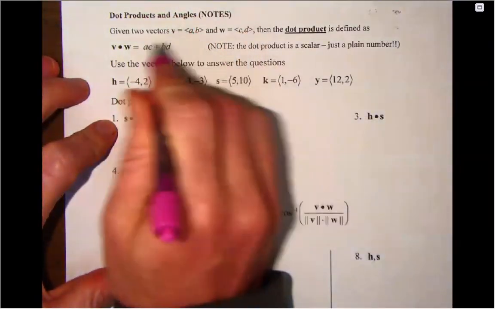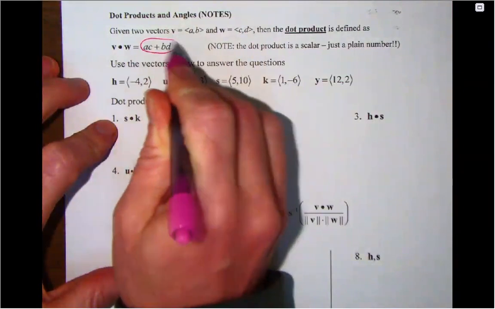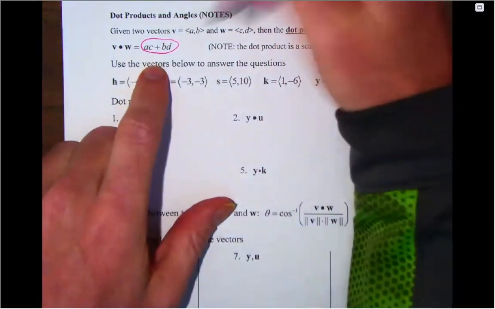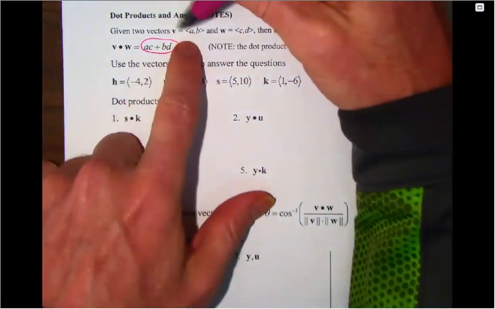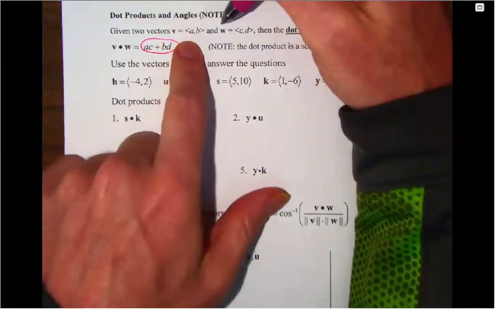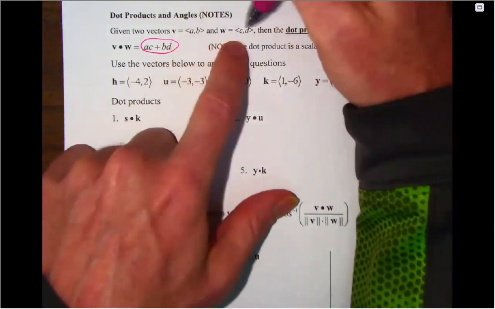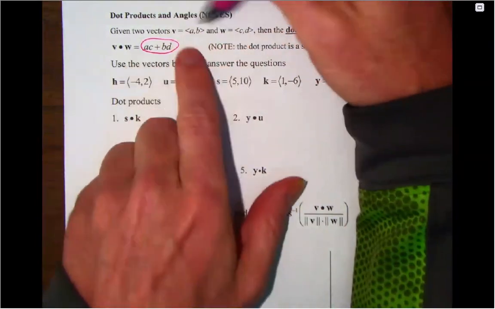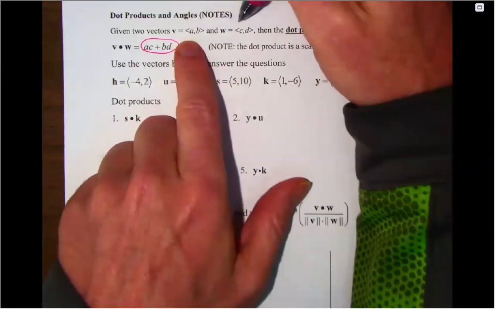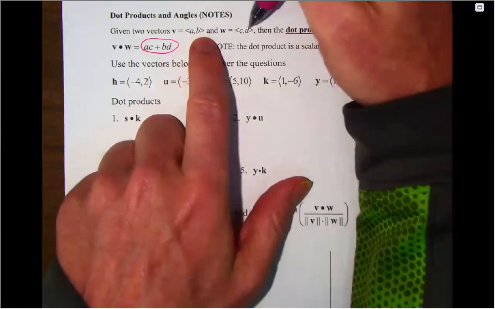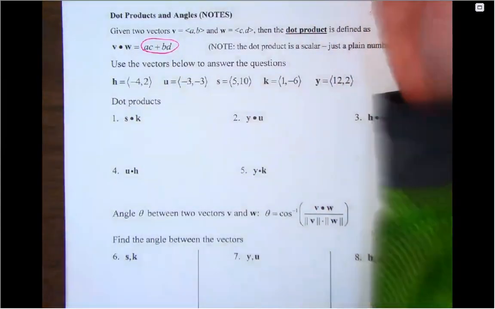And all we do is we multiply the x values. So notice, just in my general case here, if v is a comma b, and w is c comma d, then we find the dot product by multiplying the x's, multiplying the y's, and adding them together. That's it.